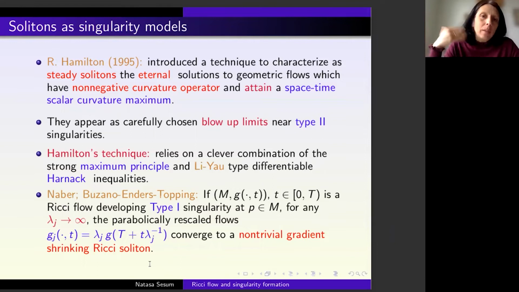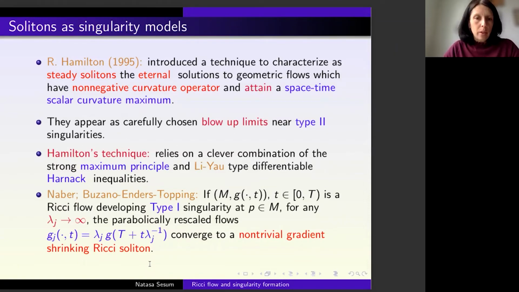And under suitable curvature conditions for your flow, you can guarantee that the limit has no negative curvature operator, in which case you know that the singularity model has to be a steady soliton. So the classification of singularity models in that case boils down to the classification of steady solitons, which is somewhat easier. And Hamilton's technique in this paper relies on the maximum principle and some Harnack inequalities.